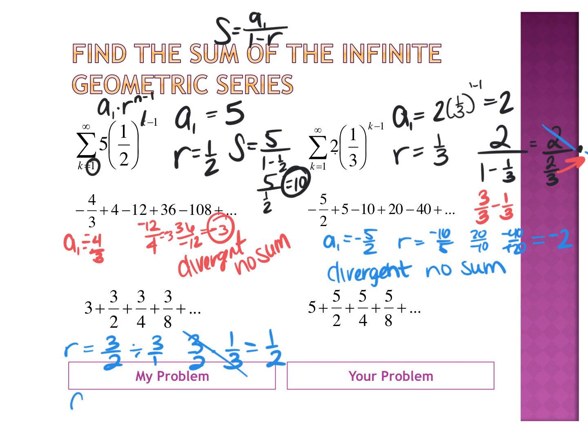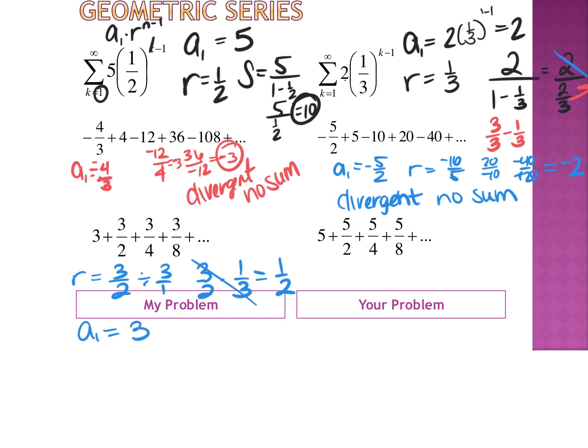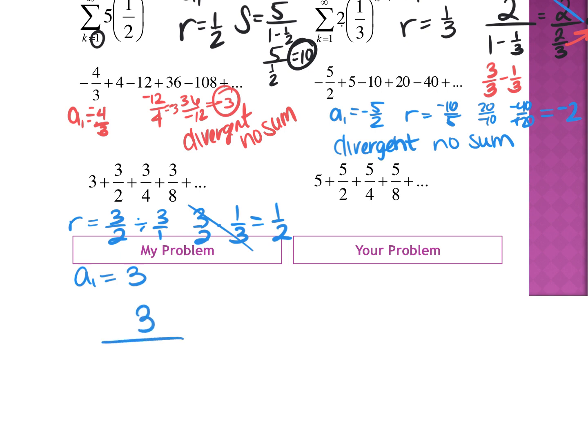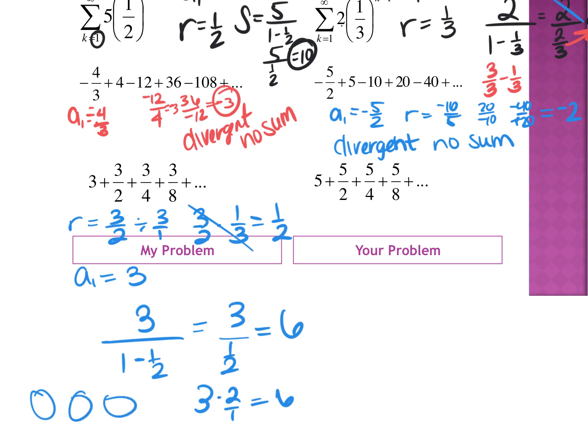It should have a sum. a1 is 3. So I have 3 over 1 minus 1/2. 3 divided by 1/2 is 6. All right, multiply by the reciprocal, 3 times 2 over 1. Think of 3 pies, dividing them all in half. I have 6 pieces.